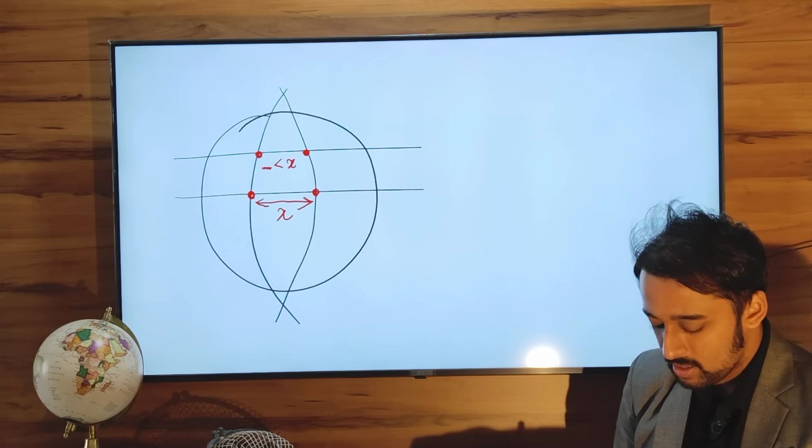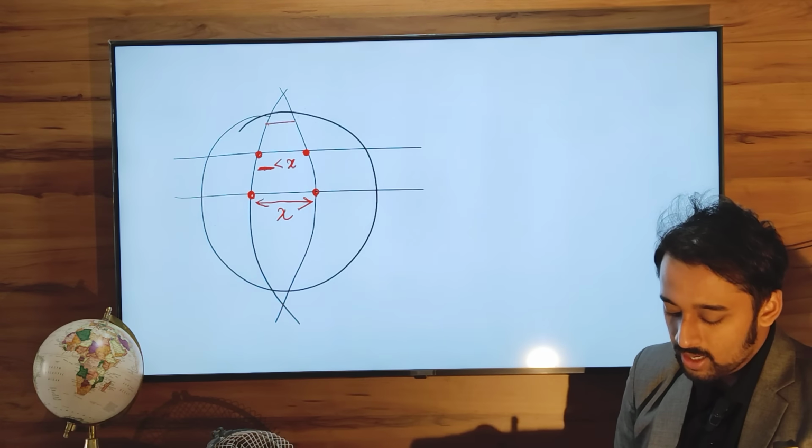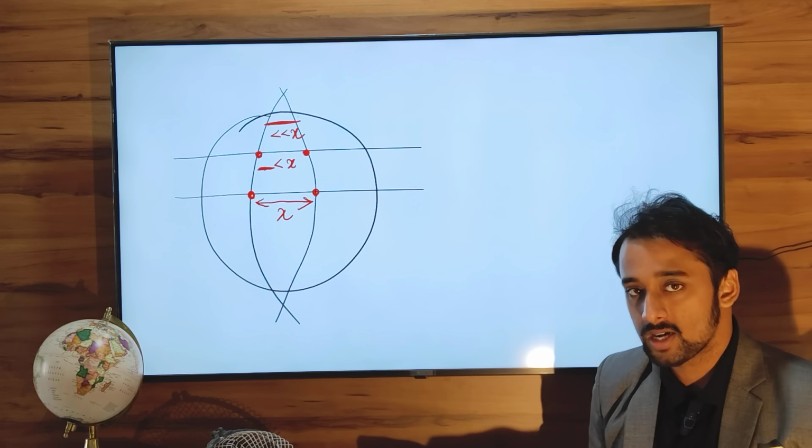Again, you go higher up, it will be more and more less than x.